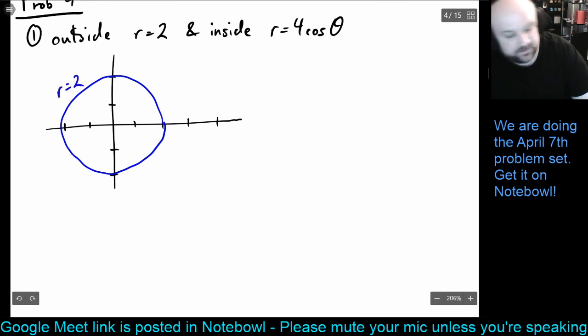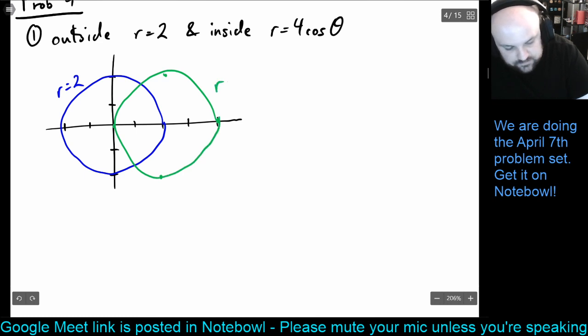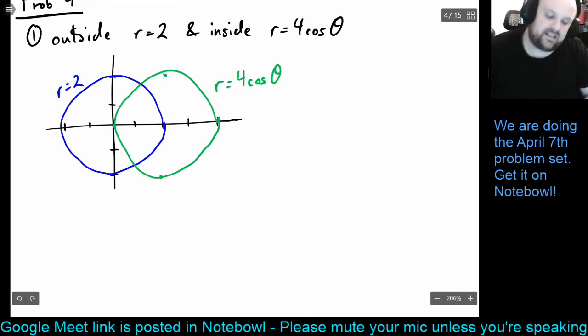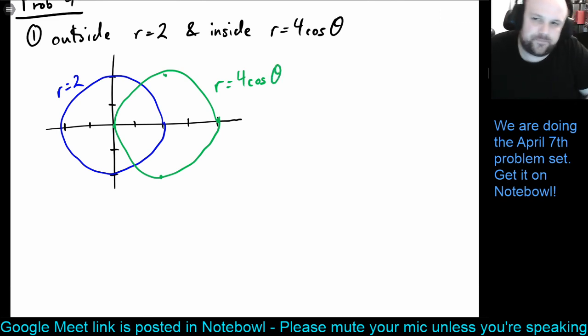This is r equals 2. R equals 4 cosine theta is also a circle of radius 2, but it's shifted off of the x-axis.